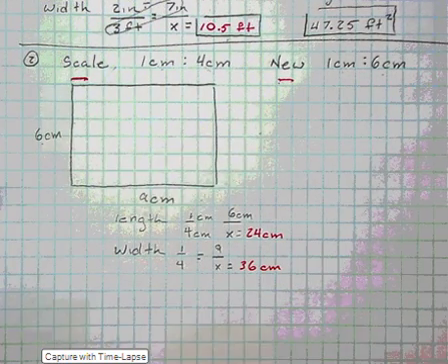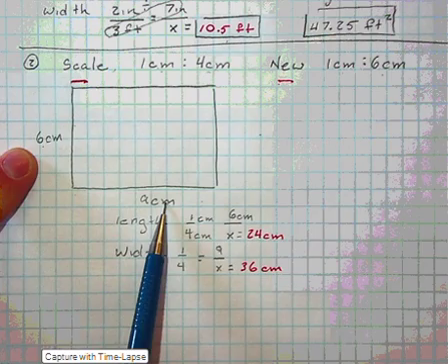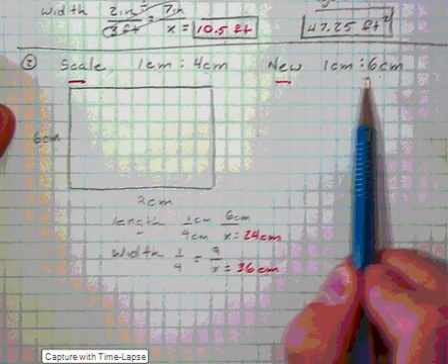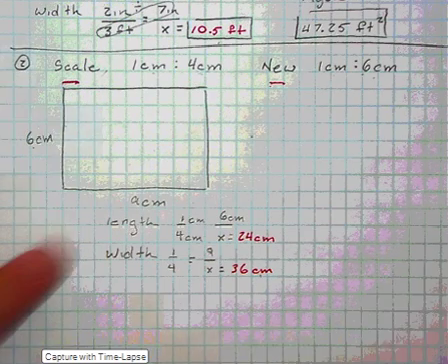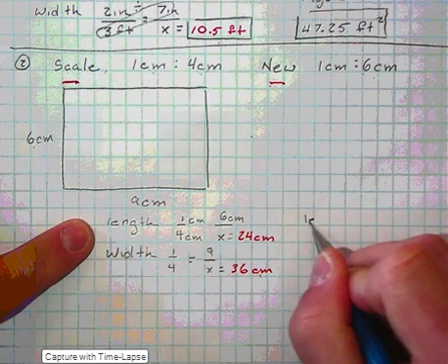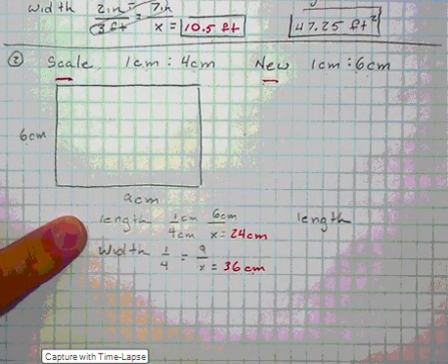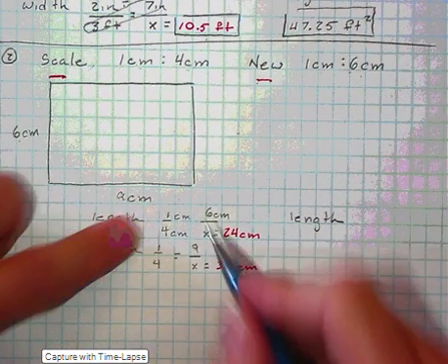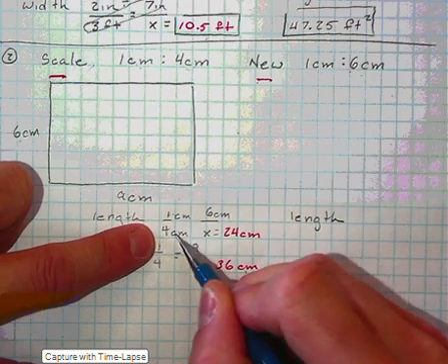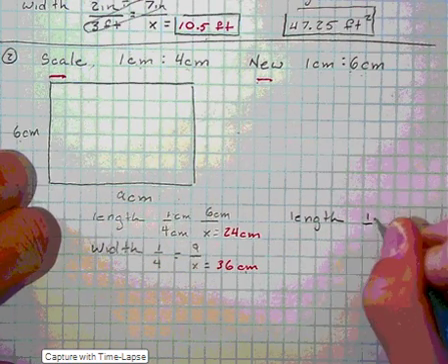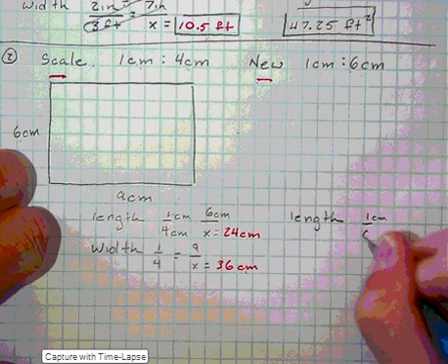So now we have our old scale map. We have our actual. Now we have to make our new one. So for our new one, the length, our scale changes. Instead of 1 centimeter to 4 centimeters, it's now going to be 1 centimeter to 6 centimeters.